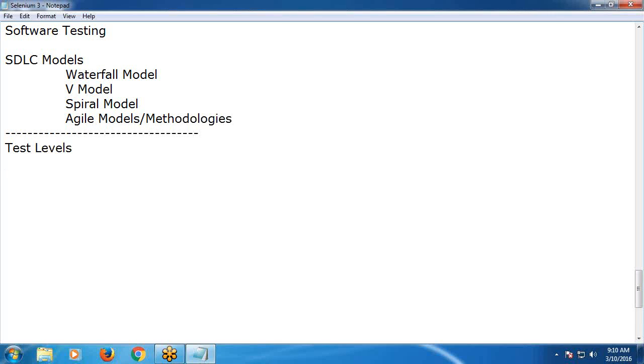For distributed applications, we have dependent applications. Nowadays most of the applications are distributed applications.